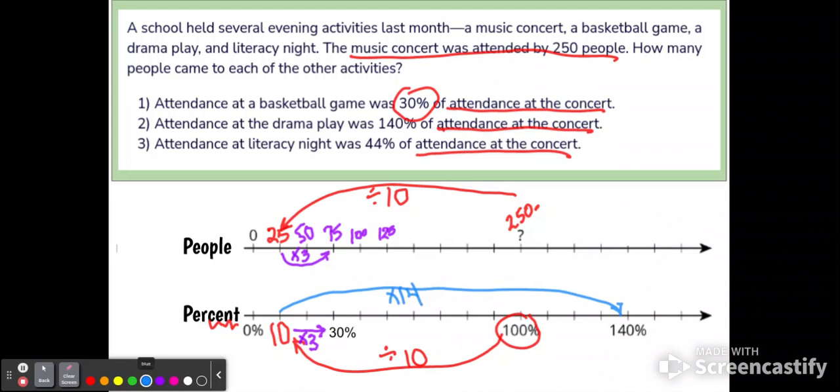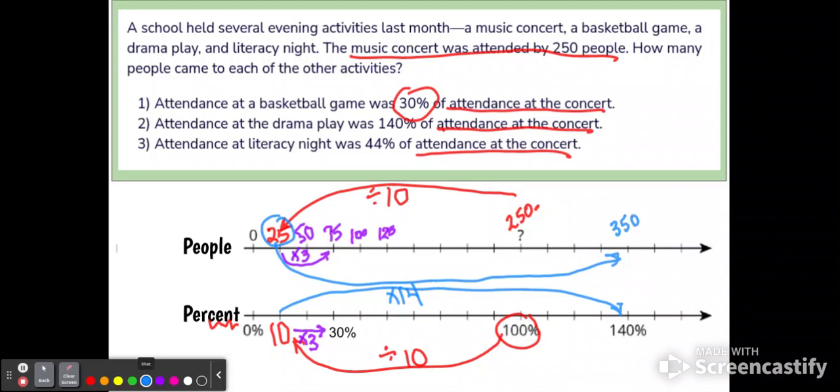So if I know there are 14 groups of 10 in 140, that means I have to take my 25, and I also have to multiply it by 14 to get 140% of 250. 14 times 25, if I use my trusty calculator, I find out that that is 350.